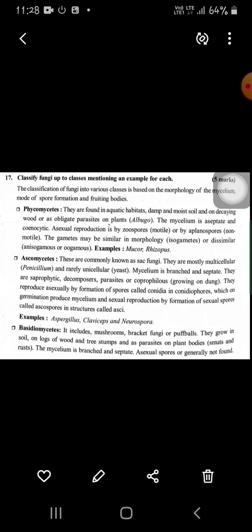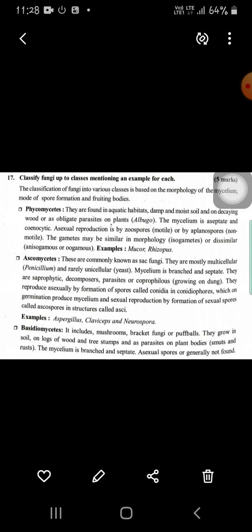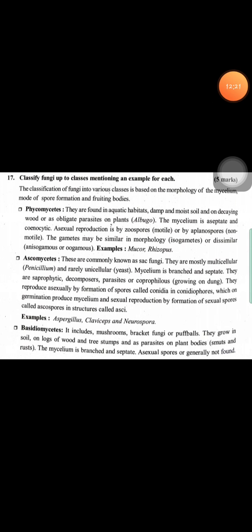Now we have learnt about fungi, what is present in them, how they live, and their characteristics. Now the different types of fungi. Like the classification of protista and protozoa we did, now we will do the classification of fungi.